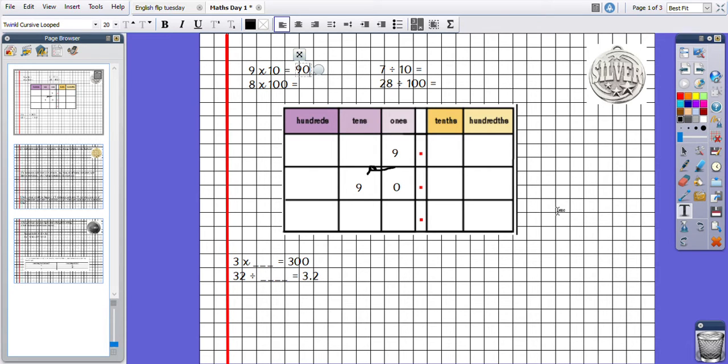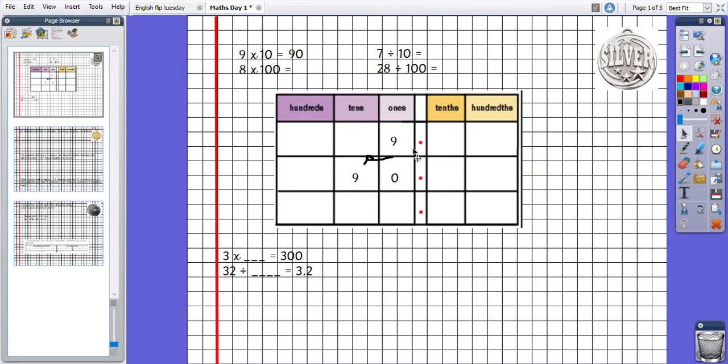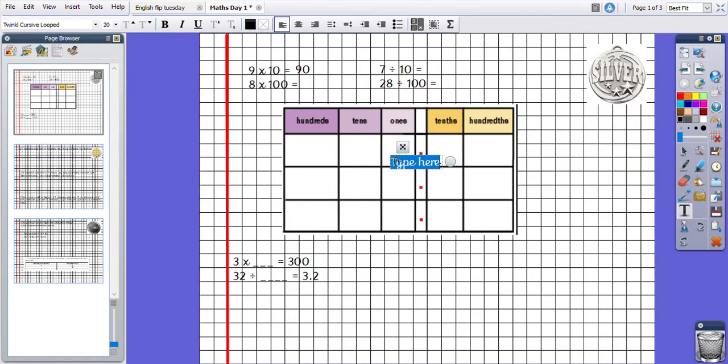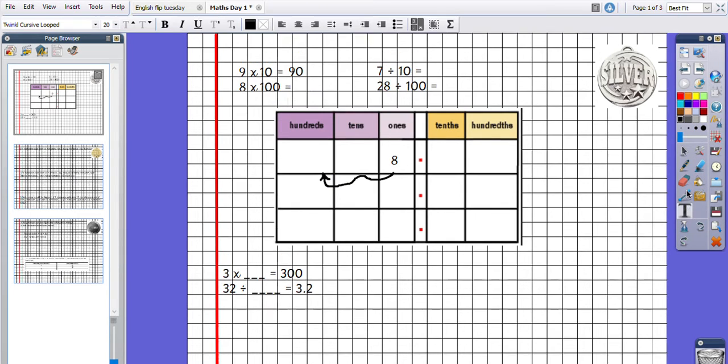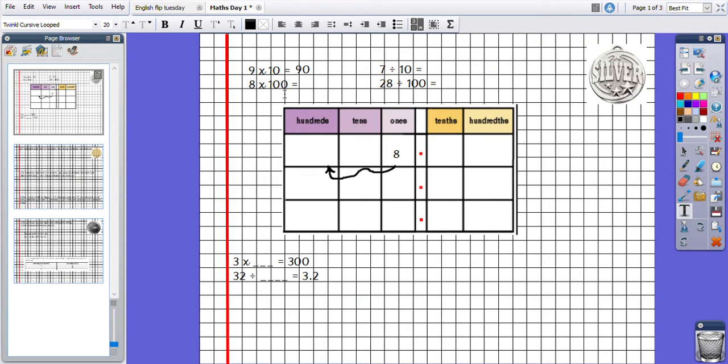Okay. Similarly, if I was looking at timesing by 100, I would be making my number 100 times bigger. So I'll place my number into my place value grid, and I now need to move my number 2 places. Now remember the trick, we know how much we need to move our digit by how many zeros we have in the number we are multiplying by.